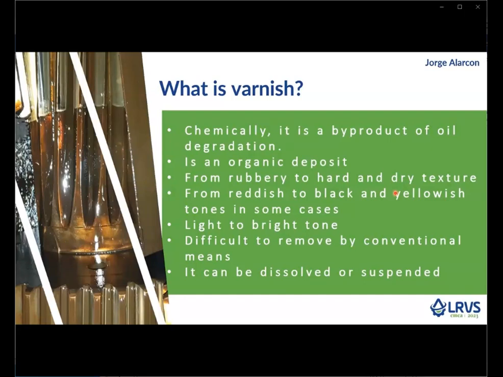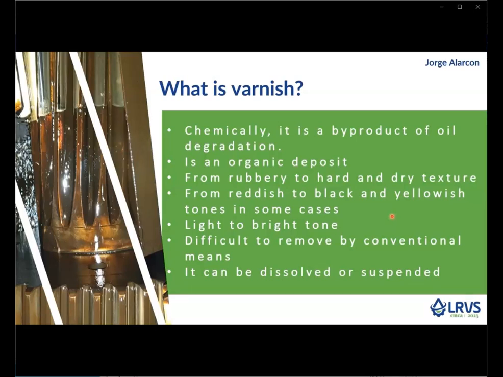In some cases, I see very funny colors. The colors are related to the type of fluid and the operational conditions of the equipment. Same thing with the brightness. It can be very bright or very dark.